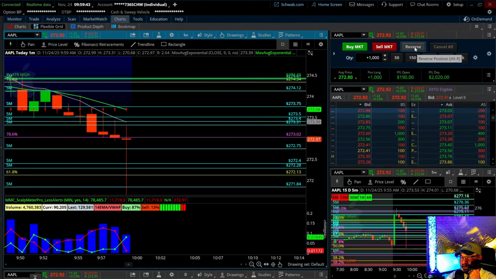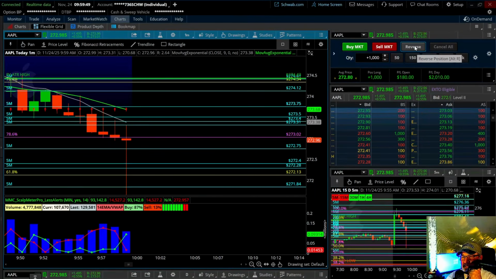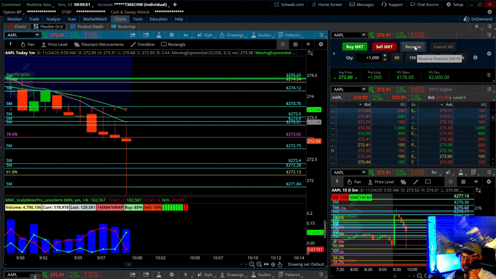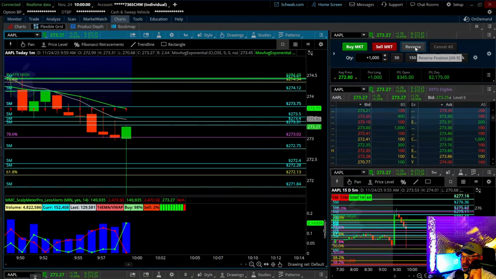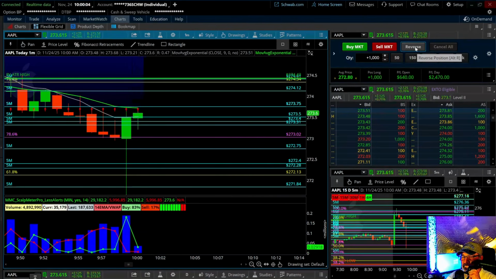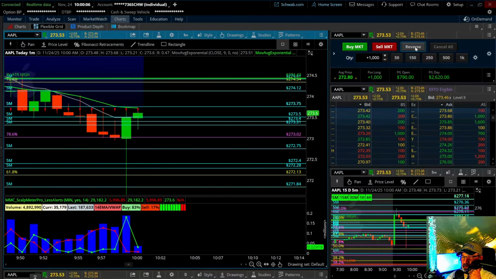Staying right at that fib. See if we can break back above that. Anywhere in here, I'm about to take this money. Volume increased. A little trouble reconciling.